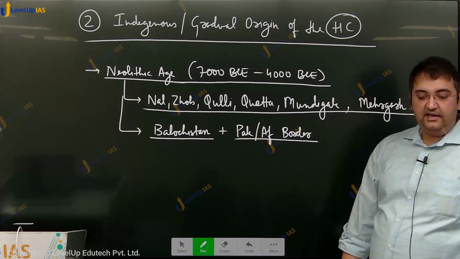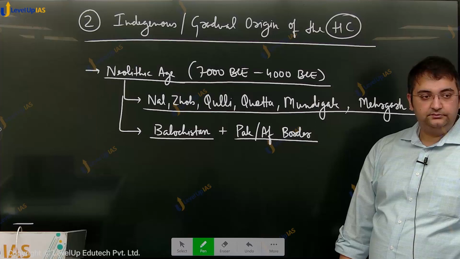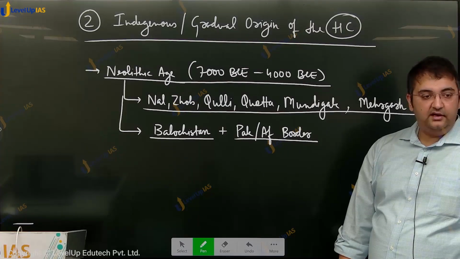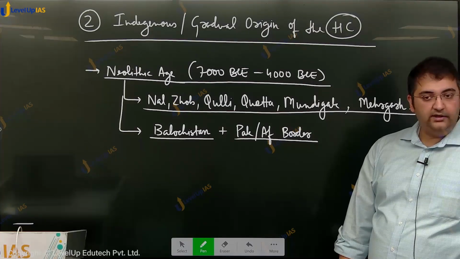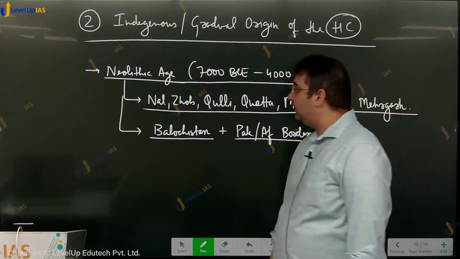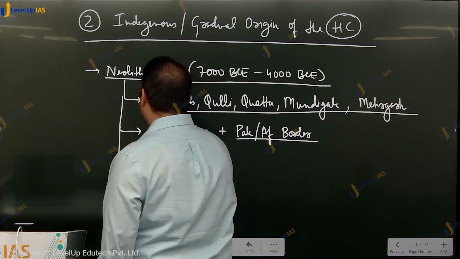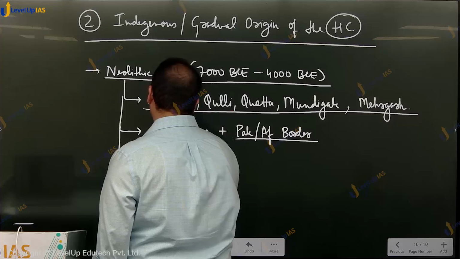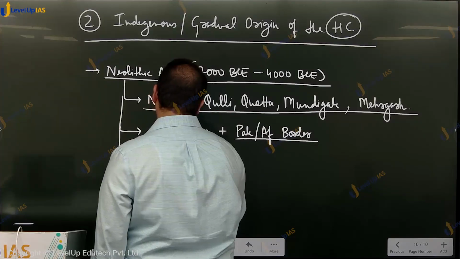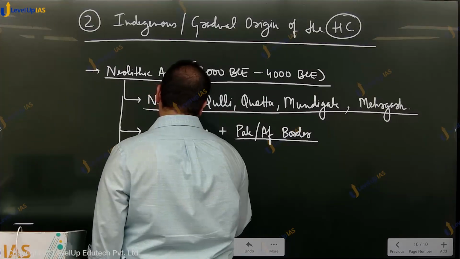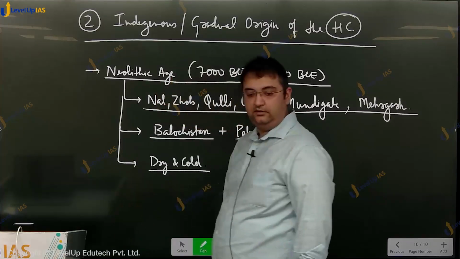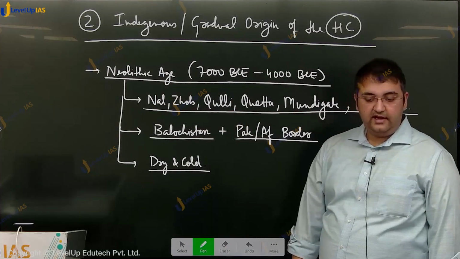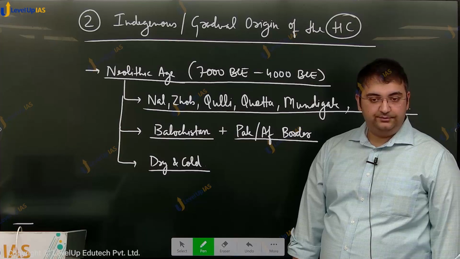What are the climatic conditions of this region? Relatively dry and cold, or warm, wet and humid? Relatively dry and cold. Right? Do you think agriculture would have been extremely productive?